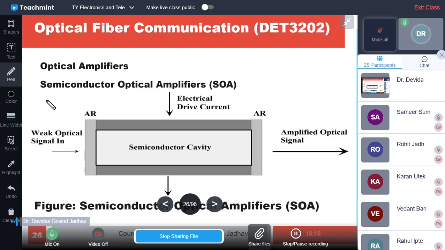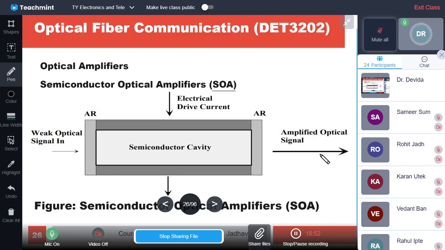Now the semiconductor optical amplifier, SOA, block diagram. We have just checked the same. A weak signal is inputted, and this is a Fabry-Perot cavity. There is an anti-reflective coating maintained on both sides, where the signal is inputted and where the signal gets out from the medium.